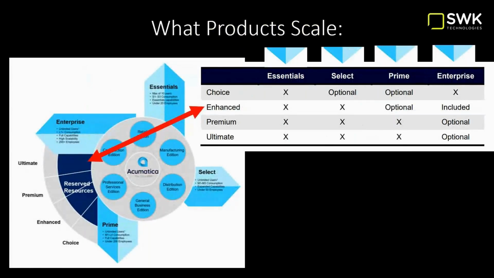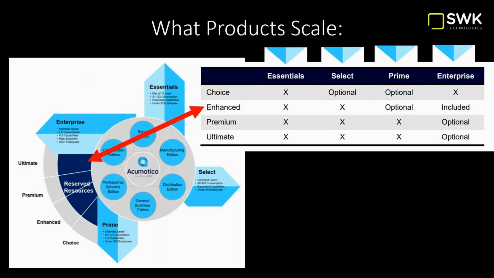So what products scale? The Essentials is just that small business edition. If you're beyond that, you need to move to a new product, and that product might be Select, Prime, or Enterprise. So there are no reserved resources; it's X'd out for Essentials. But if you're in the Select product, you have an option to add Choice reserved resources.